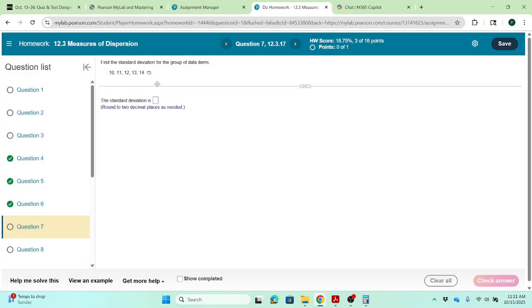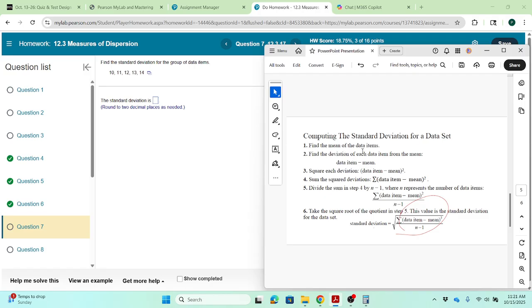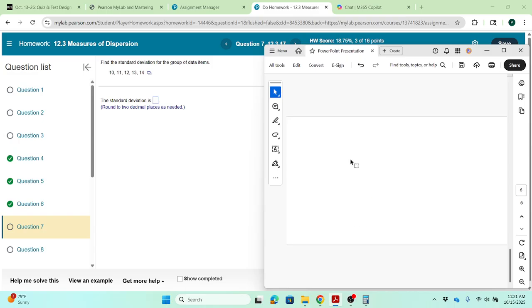We would like to find the standard deviation. This is the question. If you go back to the problem, to find the standard deviation, it says find the mean of the data. So you need to find the mean, and then you need to find the difference between the data. I'm going to show you how to do it manually, and I'm going to show you how to use StatCrunch. Okay, so first of all, find the mean.